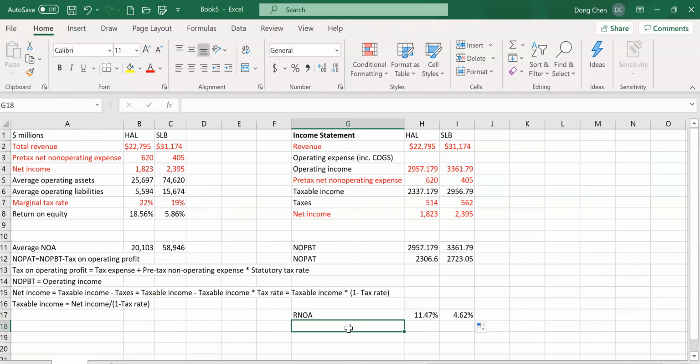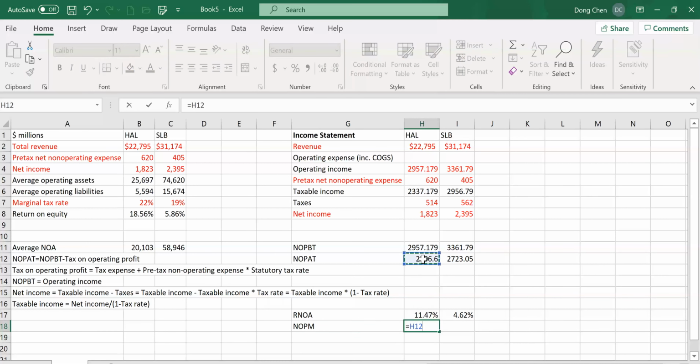And NOPM can be easily calculated as well. Net operating profit margin is defined to be NOPAT divided by sales.